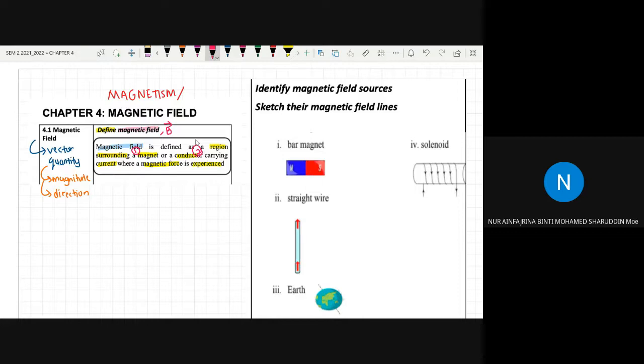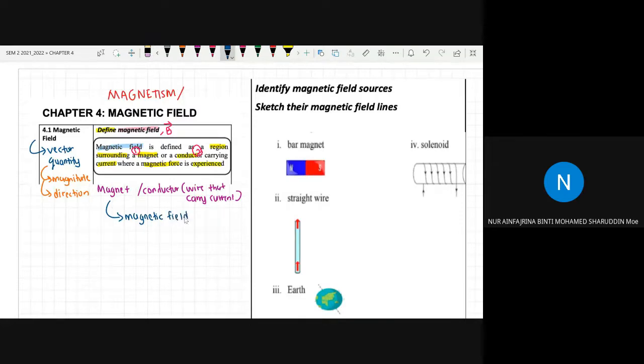Okay, Miss ulang balik. So, magnet ataupun conductor, okay, contoh conductor adalah wire that carry current. Okay, wire that carry current. So, mereka ini akan ada magnetic field.